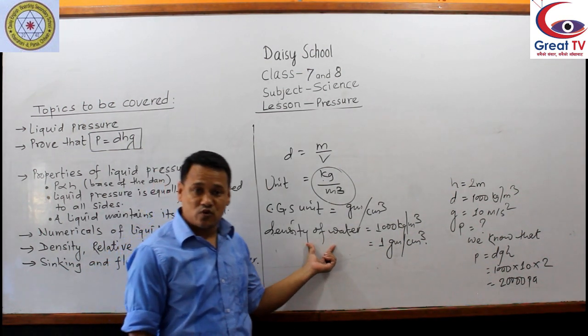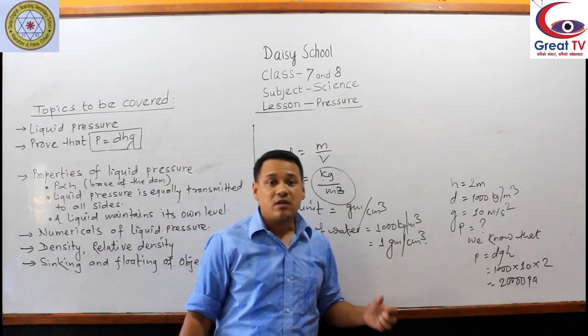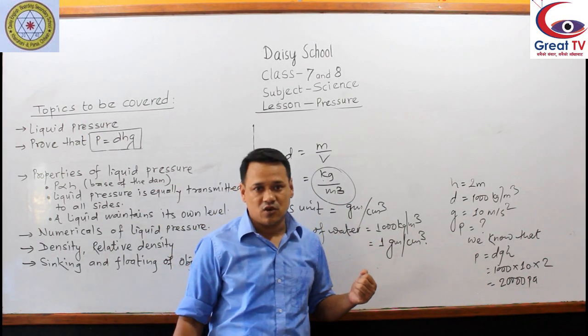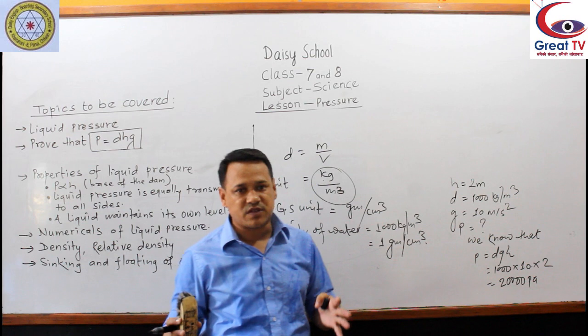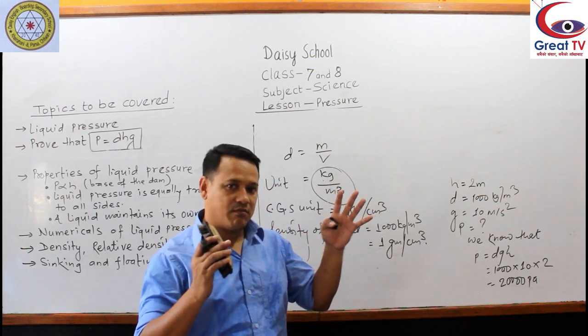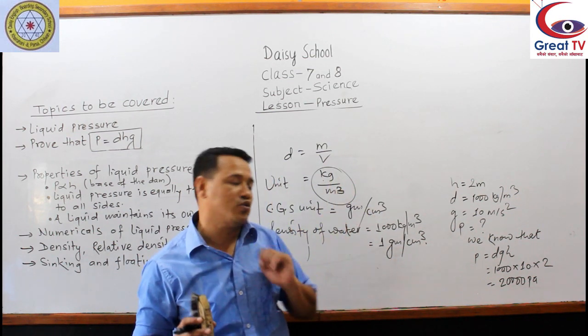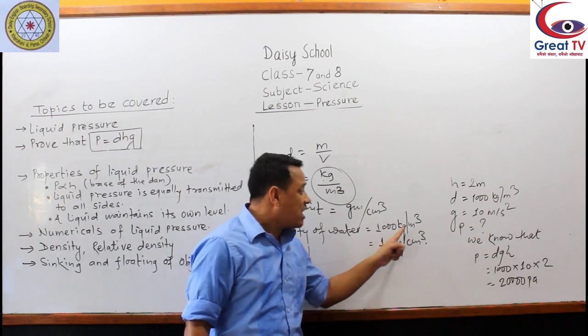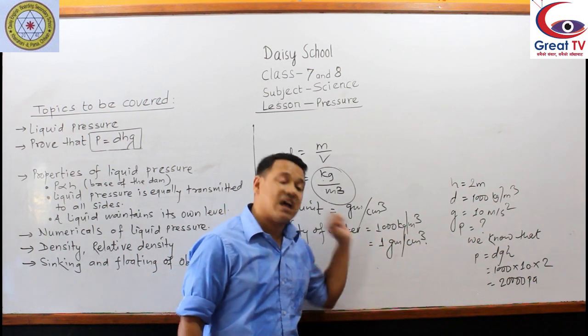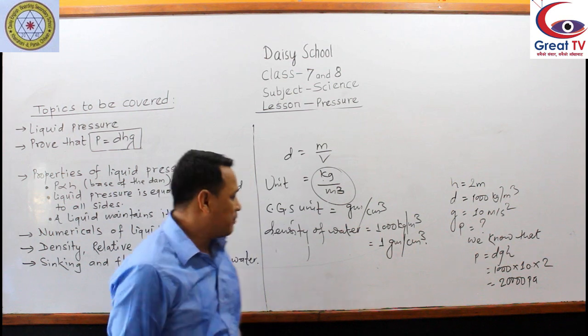Whether the density of water is given in the question or not, you have to know and use this yourself. For other liquids and substances it will be mentioned in the question. But for water, the standard one, you have to know this: 1000 kg per meter cube, 1 gram per cm cube.